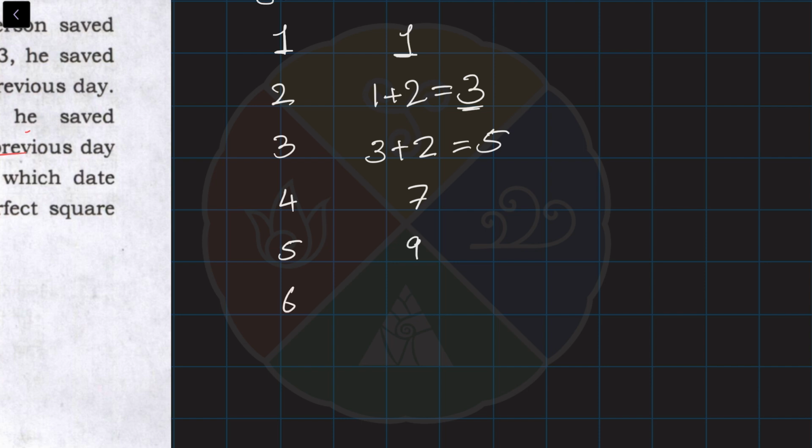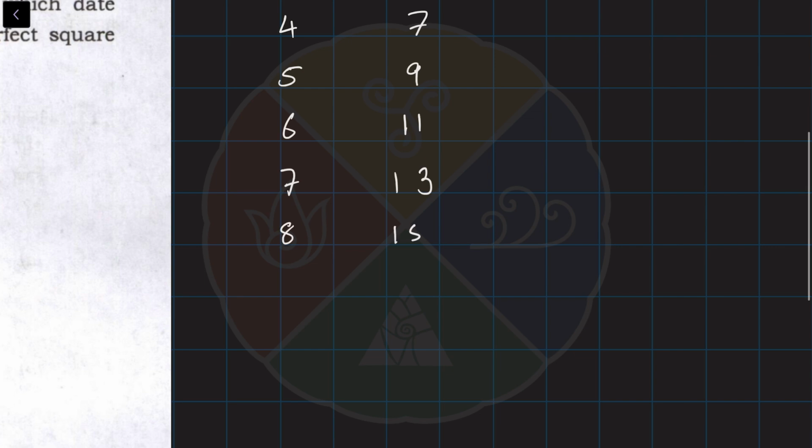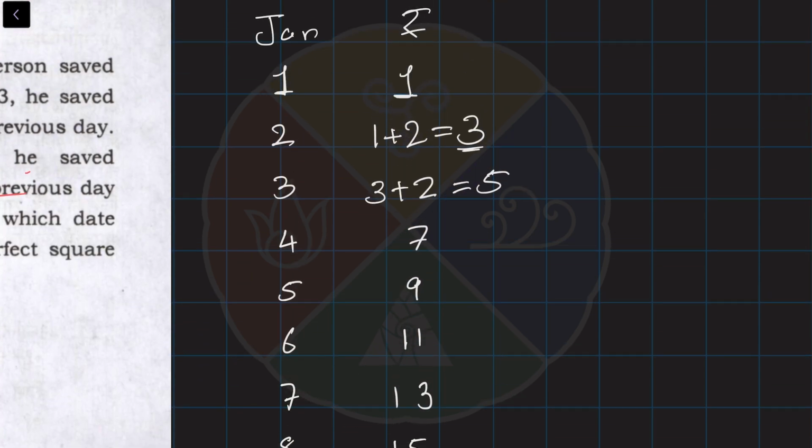January 6th, he will be saving 9 plus 2, 11 rupees, and so on. It will keep going. January 9th, he will be saving 2 more, 17 rupees, and so on. So, let me write it properly.